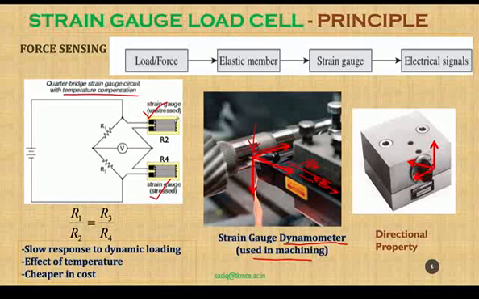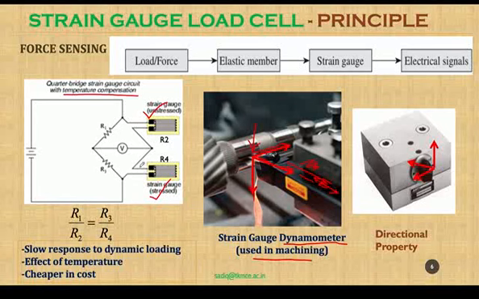That means the effect of temperature on both will be same, and if there is a change in voltage for the system, that change is not because of the change in temperature, because these two are subject to temperature, and it is because of only the force applied in that particular direction.